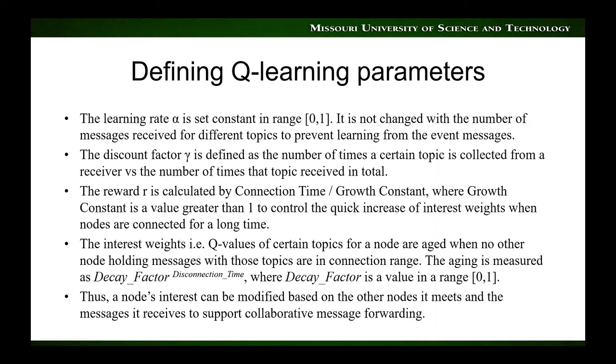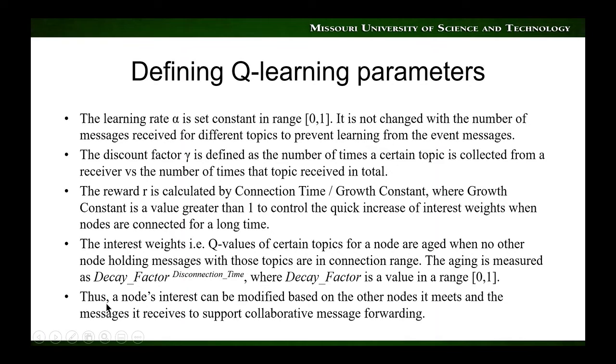Now the discount factor gamma is calculated by the number of times a topic is collected from some receiver versus the number of times the topic is received in total. So that's how it gets mature for each topic. Then the reward is calculated by the connection time. The more it is connected with some other nodes, the more the reward will be.